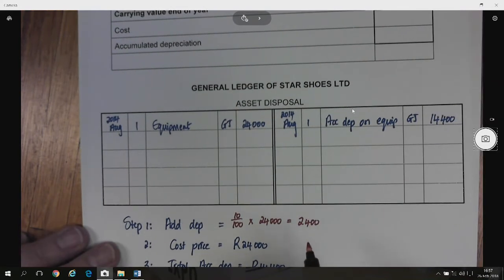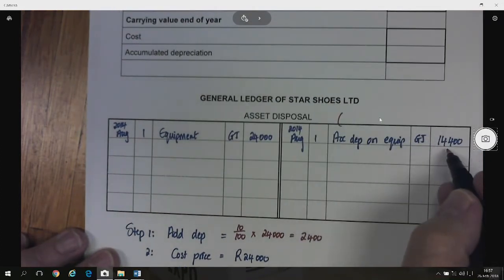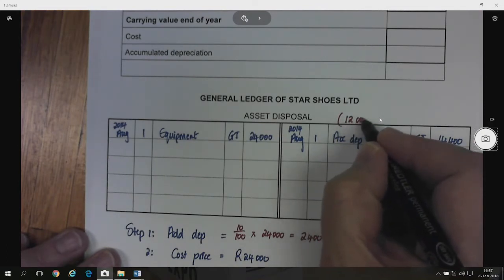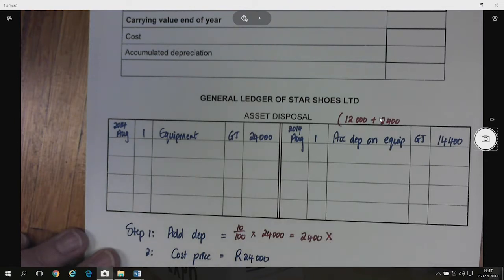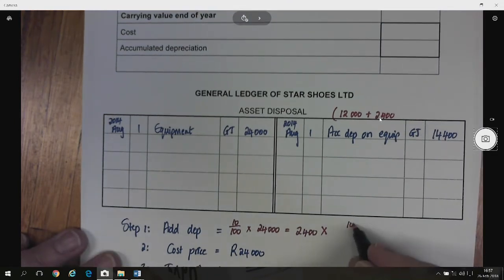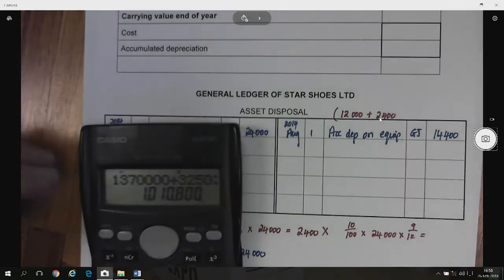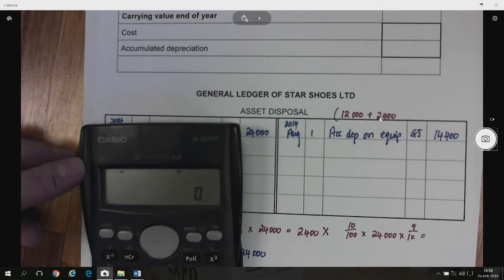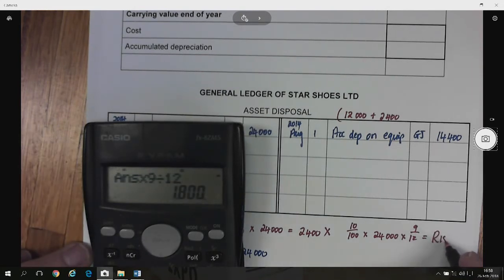And then they add that 22,400 Rand to the accumulated depreciation. And if you subtract it, they show you 12,000 plus 2,400. But this is wrong. It was supposed to be 10% on the 24,000 Rand only for 9 months. And if you calculate the 2,400 only for 9 months, that gives you 1,800 Rand.